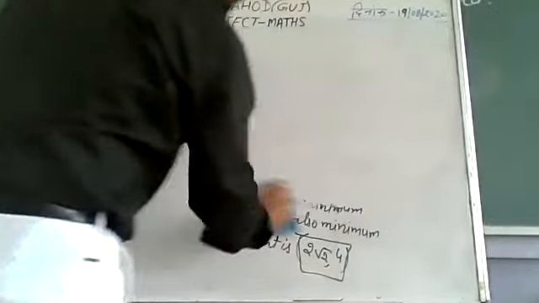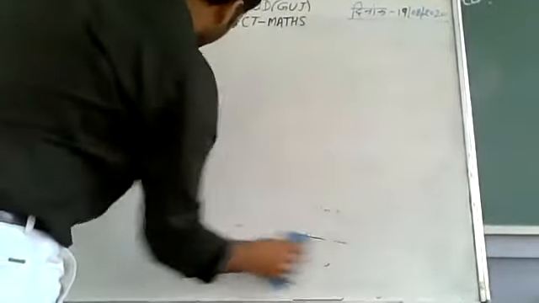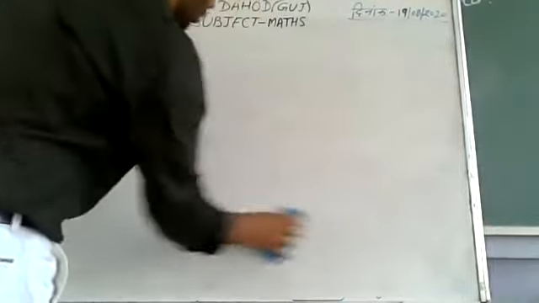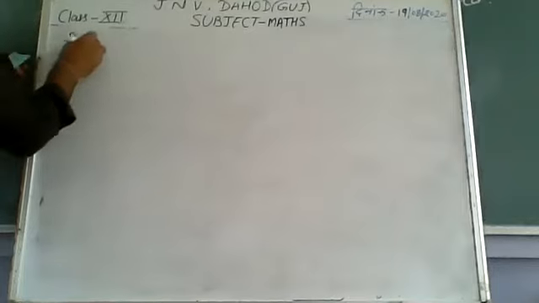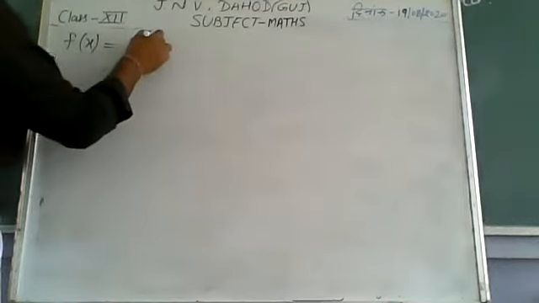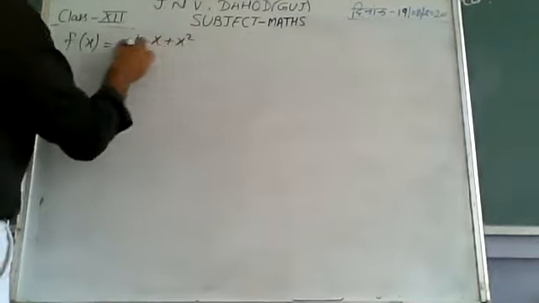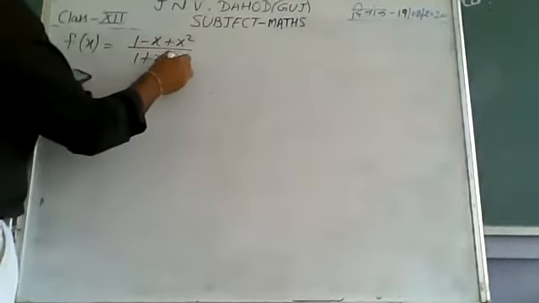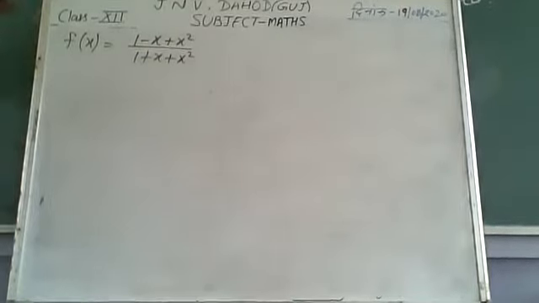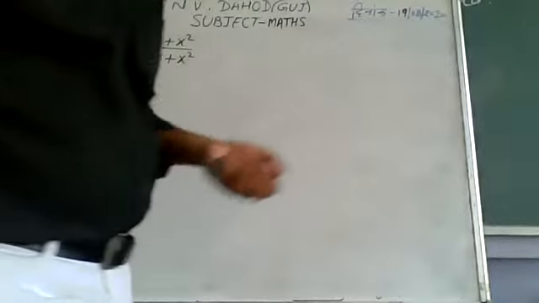We have to find the minimum value of that function for all real numbers, and the function f(x) is given as (1 minus x plus x square) divided by (1 plus x square). We have to find the minimum value of this function.